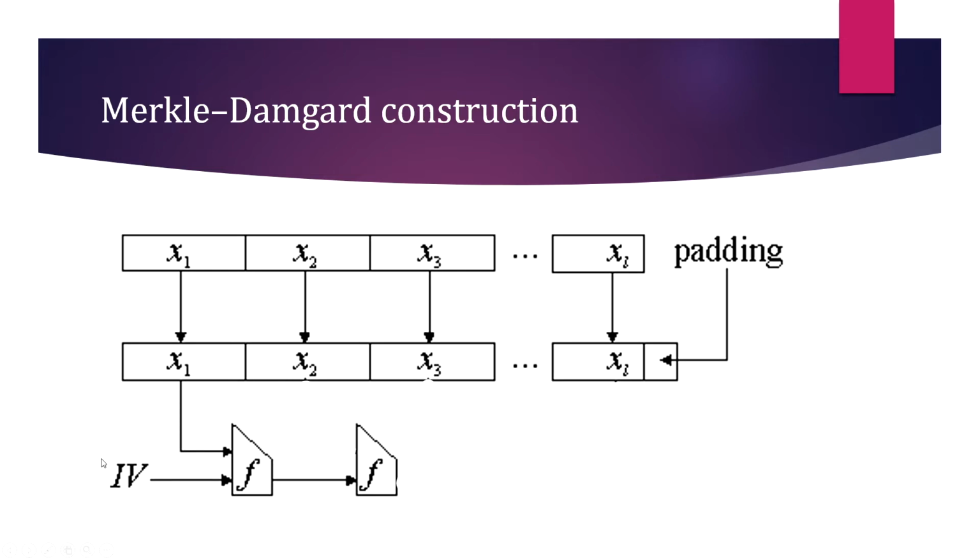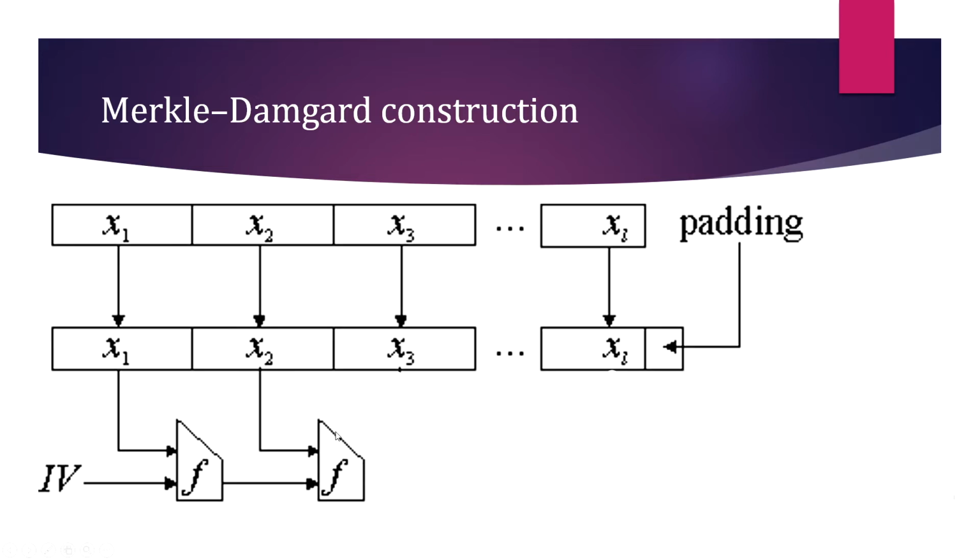Here there is an IV which works with the block and produces the output. So here the first block is used. Here x1 is combined with the IV and hashed, and then it is sent to the next function.